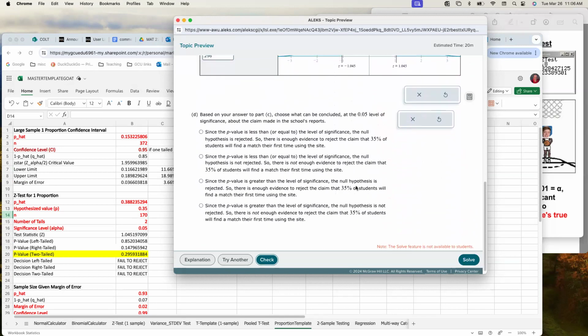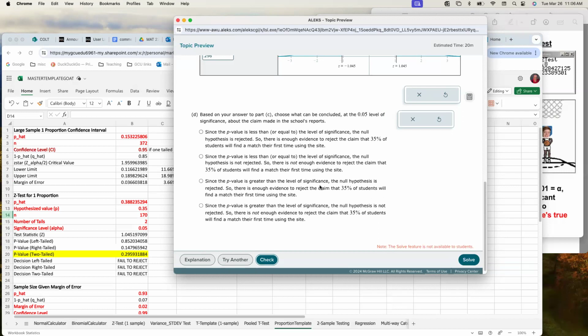So if we come up with a conclusion, and again, those parts back there, I'll kind of go back and review that again. But here we have the conclusion. And so we want to pick the proper response. So ours is greater, right, than 0.05. I mean, we've got a pretty big p-value here, 0.29. So since our p-value is greater than the significance level, we're not going to choose these less than.